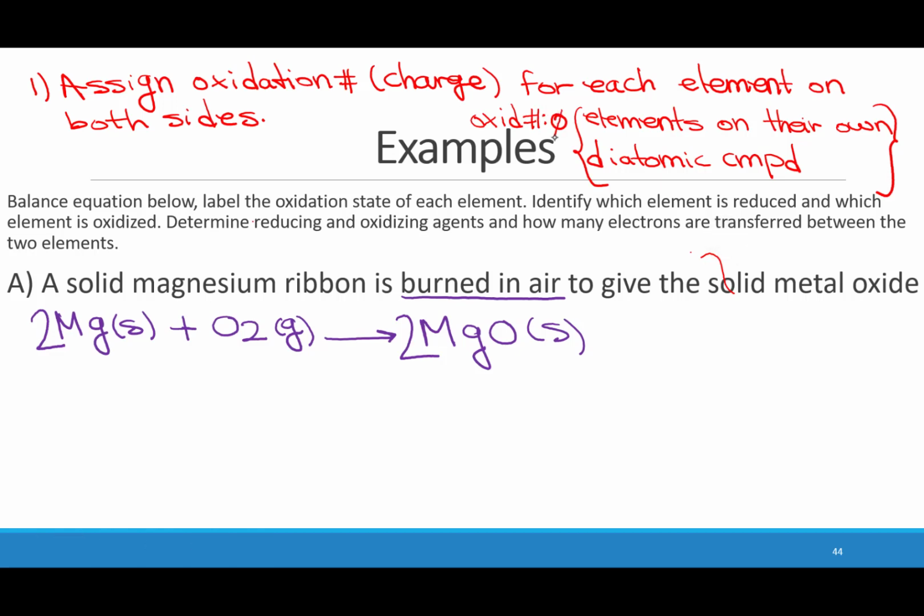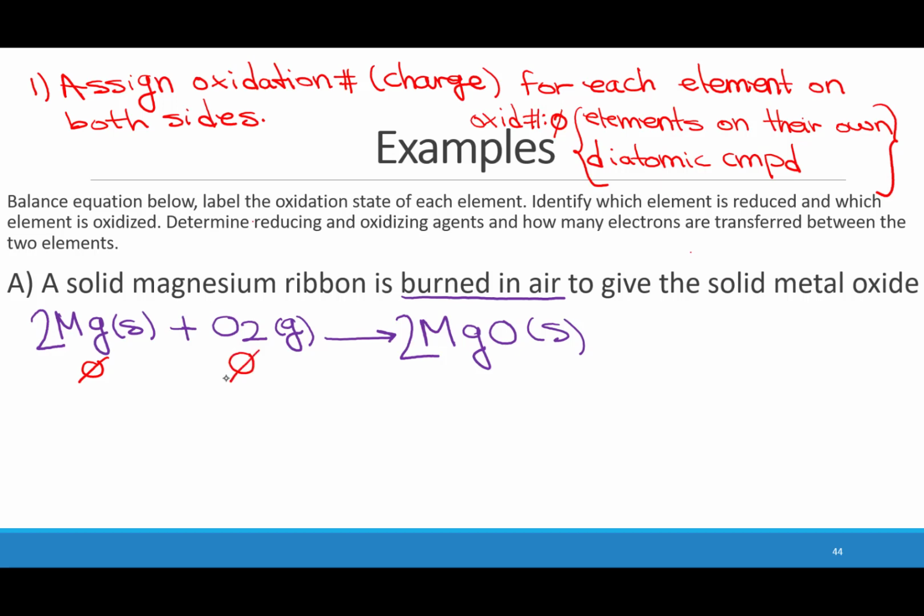Okay, then elements on their own, magnesium on its own, its oxidation number is 0. It's not charged, basically. Diatomic compounds also have oxidation number 0, or they are not charged.